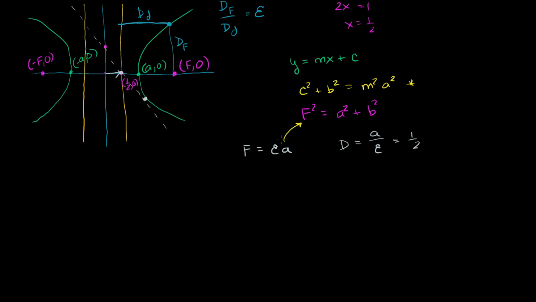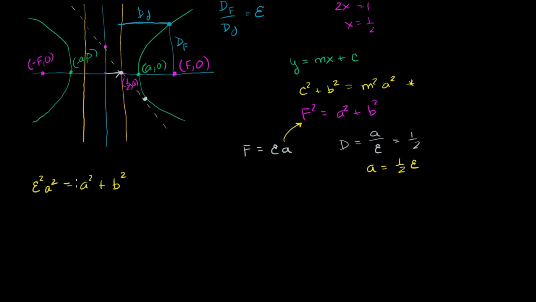So if I substitute for f here, f squared is going to be eccentricity squared times a squared, I'm just squaring this over here, is going to be equal to a squared plus b squared. And actually, let's see if we can substitute even more using this information over here. We know that a over the eccentricity is equal to 1/2. Or we could say that if we multiply both sides by the eccentricity, a is equal to 1/2 times the eccentricity.